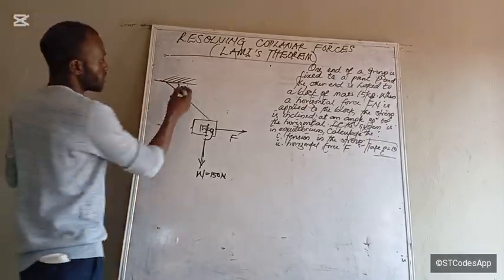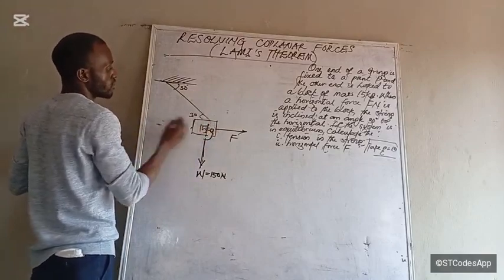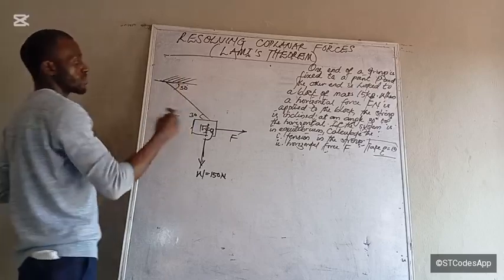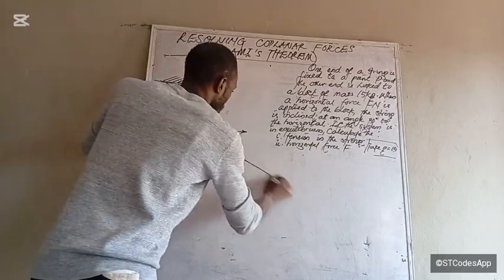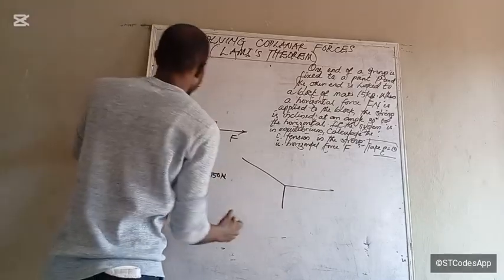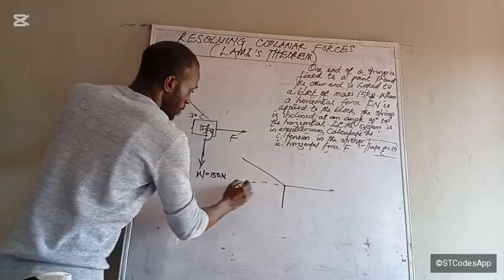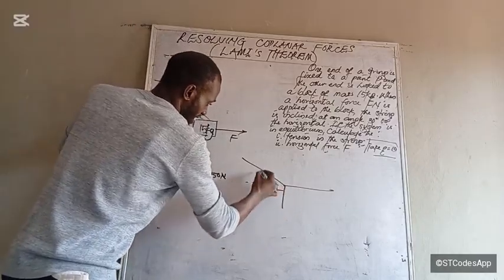So now, if this is 30 degrees, what will this angle be? 30 degrees using alternate angles. Okay, let's draw the free body. So the free body will look like this. Make sense? Now, if this horizontal angle is 30 degrees, what will this angle be? 90.